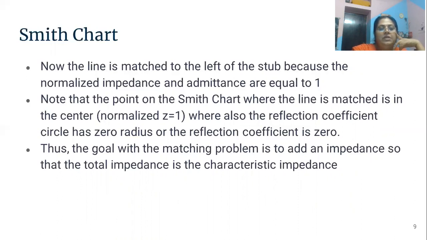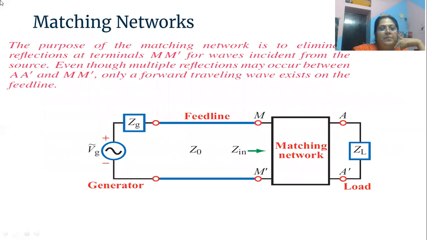Thus, the goal of the matching problem is to add an impedance so that the total impedance is the characteristic impedance. As we know, the characteristic impedance of the transmission line is the square root of (R plus j omega L) upon (G plus j omega C). With the help of the Smith chart, we can find the total impedance of the transmission line.